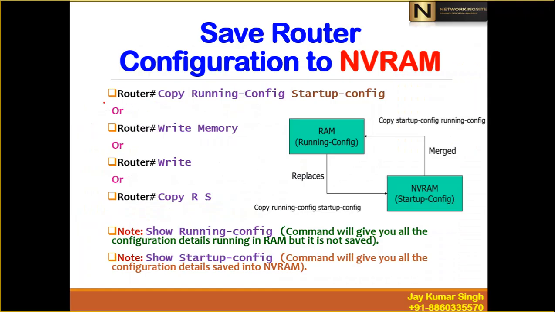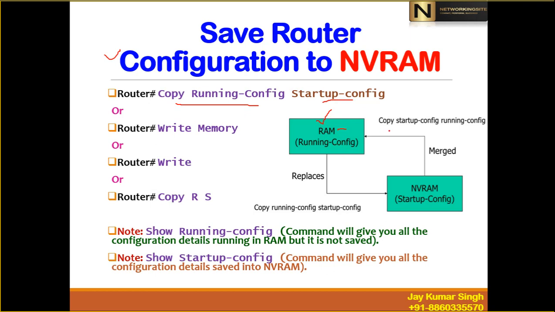Remember how after configuration we have to save the configuration, right? So whenever we save the configuration, we write like this: copy running config, means whatever is running in my system, please save that information. Whatever is running in your system, the configuration, it is running inside RAM.